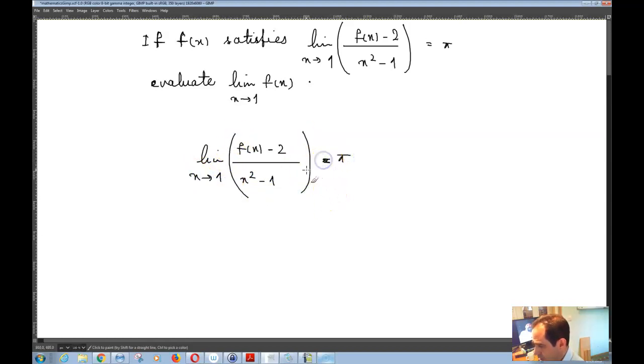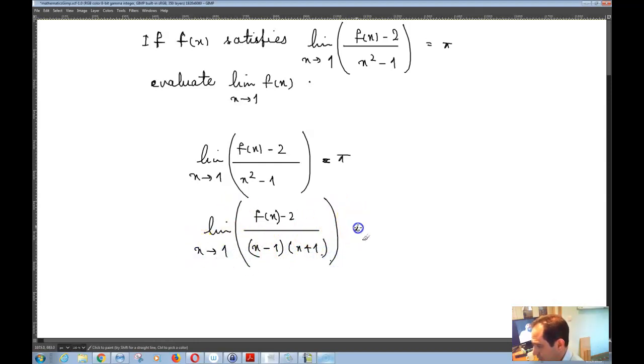And of course you can rewrite your denominator: the limit of f of x minus 2 over x minus 1 times x plus 1 when x tends to 1 is equal to pi.